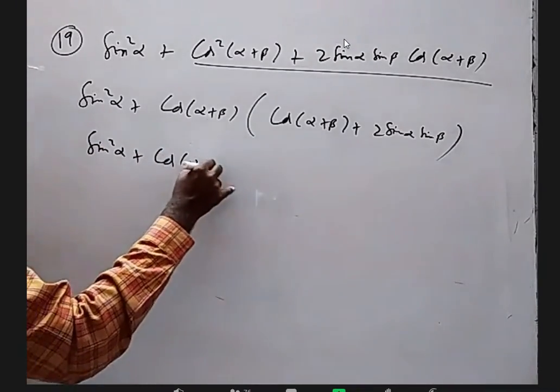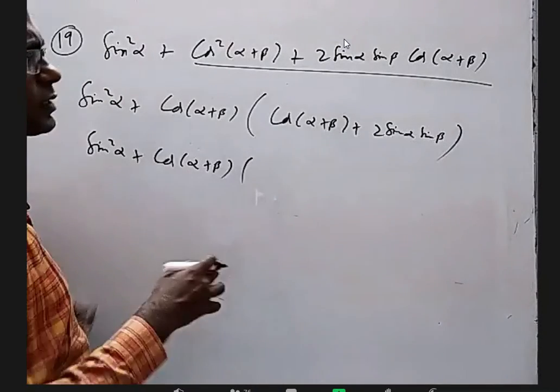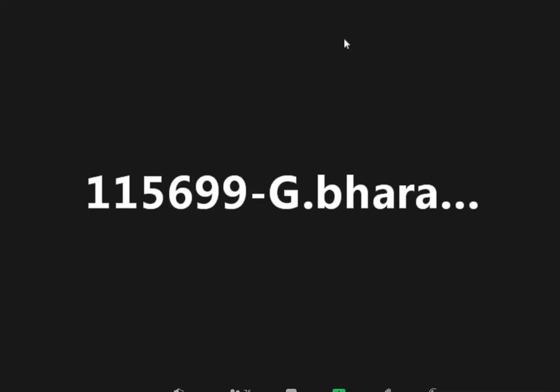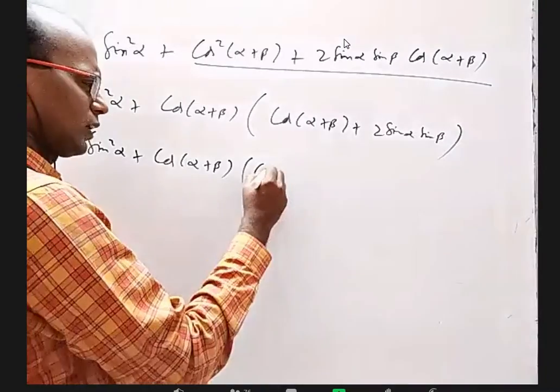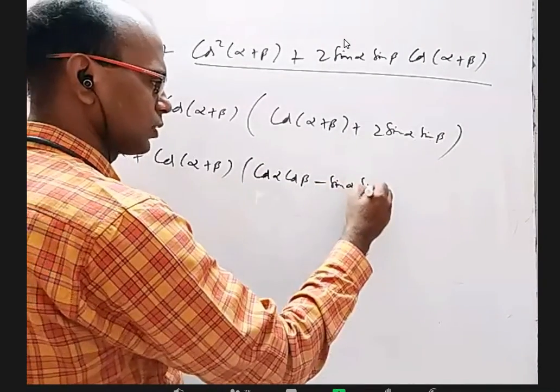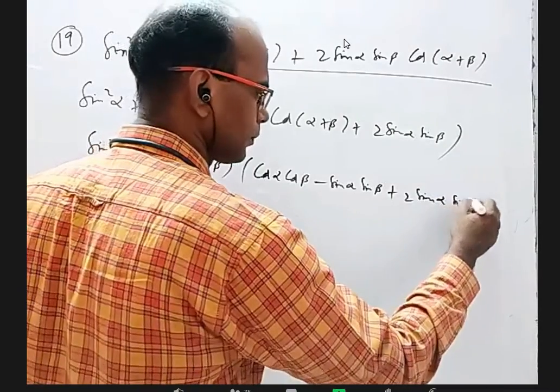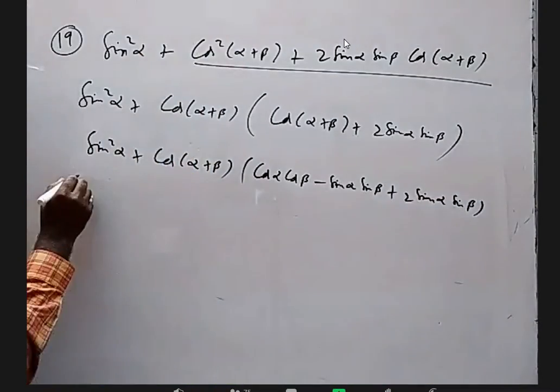Cos alpha plus beta. We have a formula cos alpha plus beta minus cos alpha minus beta, but still I'll not use it. Cos alpha cos beta minus sin alpha sin beta, that formula. Cos alpha plus beta, let me expand. Cos alpha cos beta minus sin alpha sin beta plus 2 sin alpha sin beta. These two together becomes plus.